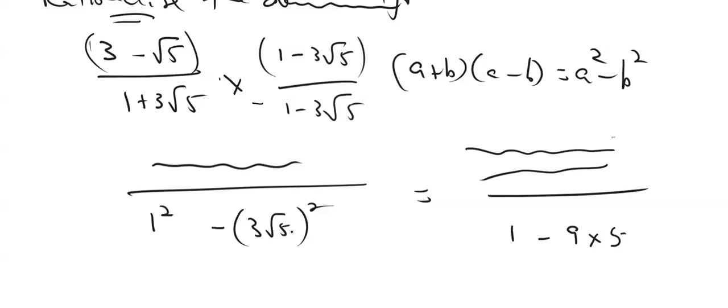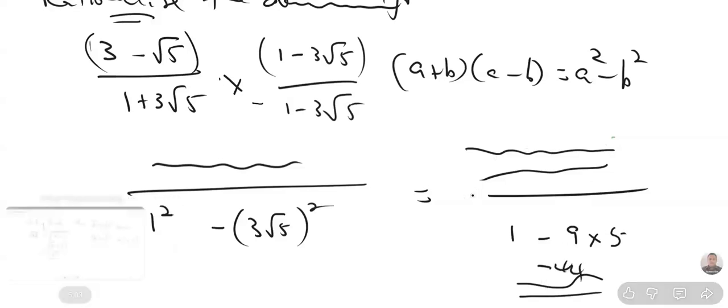That's correct, right? So you will end up with something over, what will it be? 45, so 1 minus 45, which is minus 44. Anybody work out what the numerator will be?